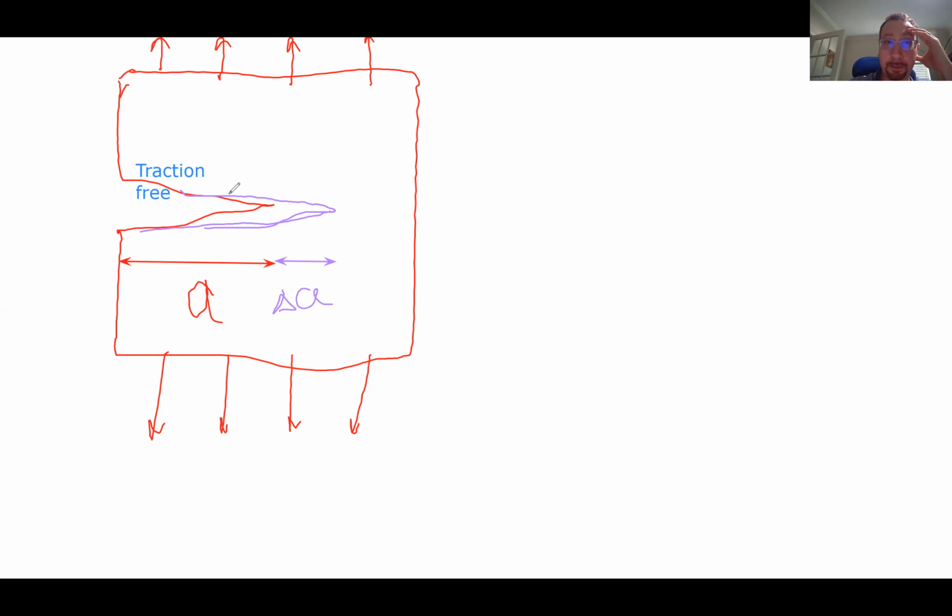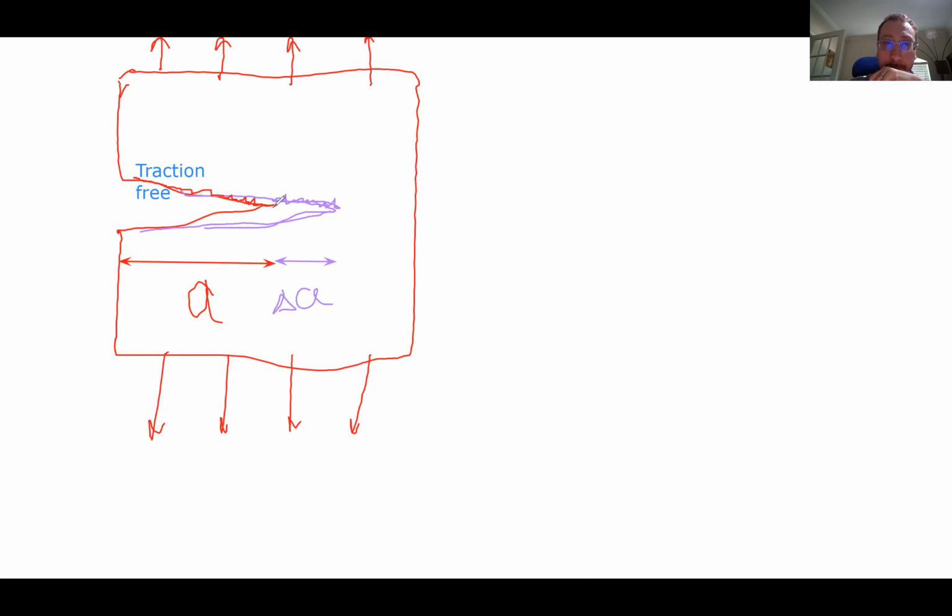Not only these parts, but also this extra region is also traction free. Okay, so in the past, these parts were traction free, and these parts in the very vicinity of these surfaces didn't have much elastic energy.